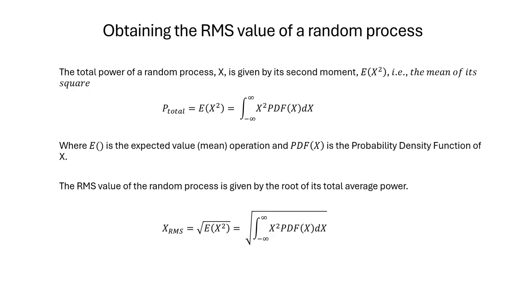So here the total power of a random process X is the expectation of its square, given by this formula, where the PDF is the probability density function of the random process, and the RMS value of the random process is the square root of the total power.